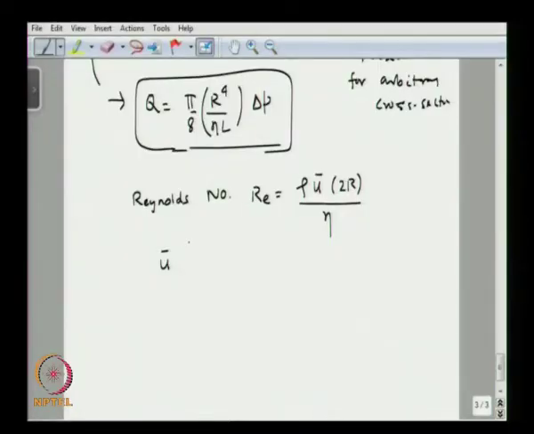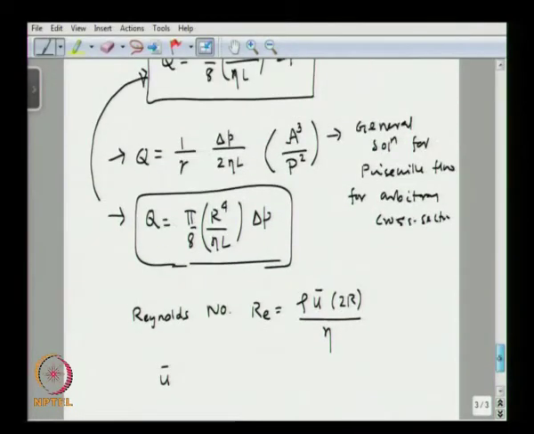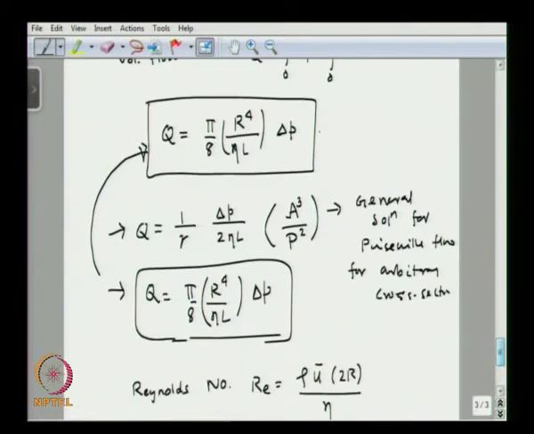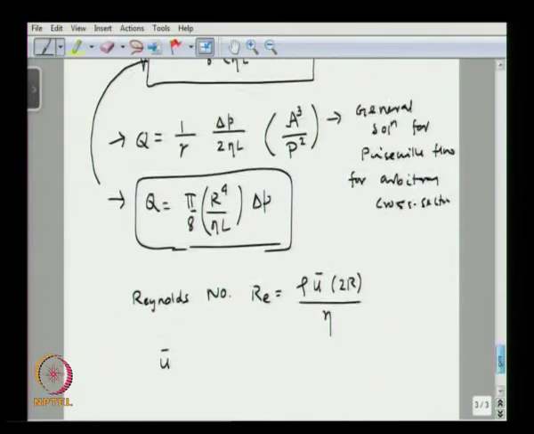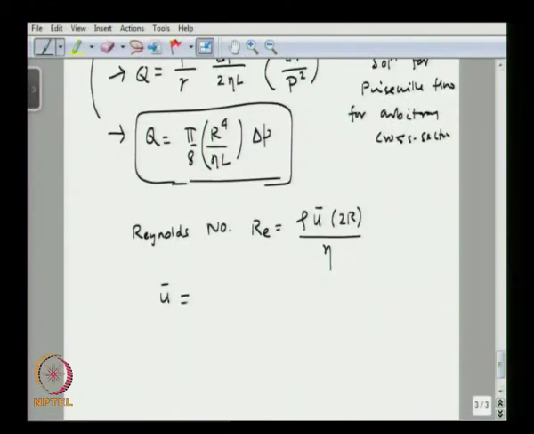Now, here the average velocity is a function of the pressure gradient. If you know the flow rate Q, and we divide by the area of cross section, then we get the average velocity. So, average velocity will be Q divided by pi r square.